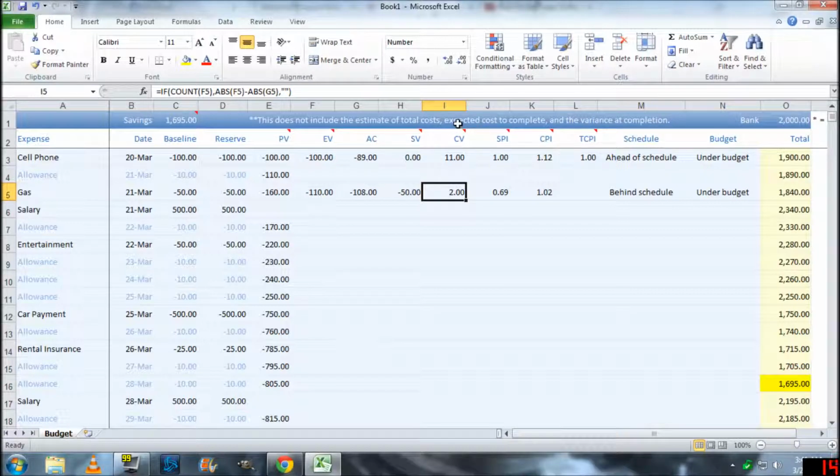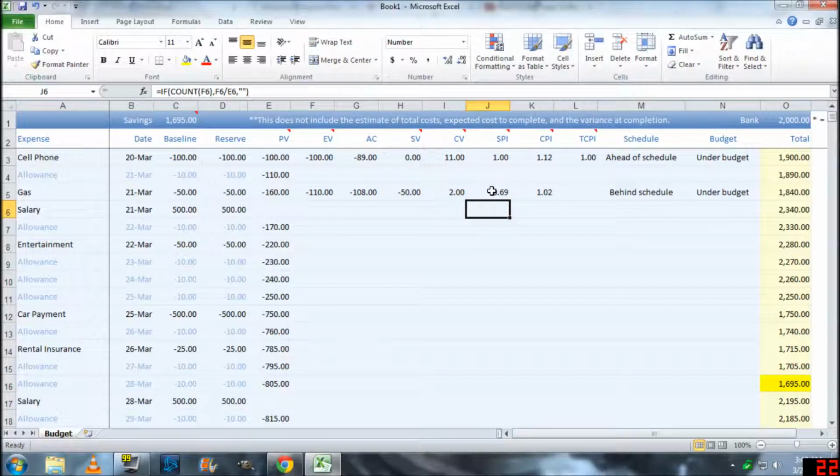Now, here we will have the schedule performance index. Basically, it just tells you where you're at. It's an index, and if it's more than 1, your schedule performance index is good. Here I got 0.69, and the formula for that is you divide the earned value by the planned value.